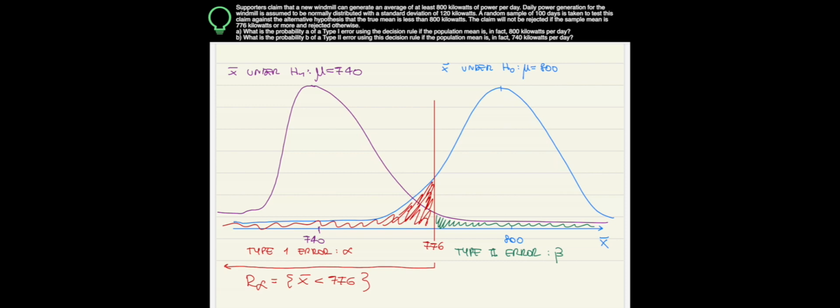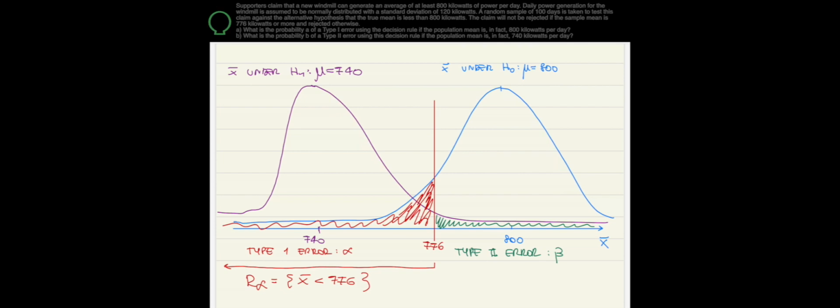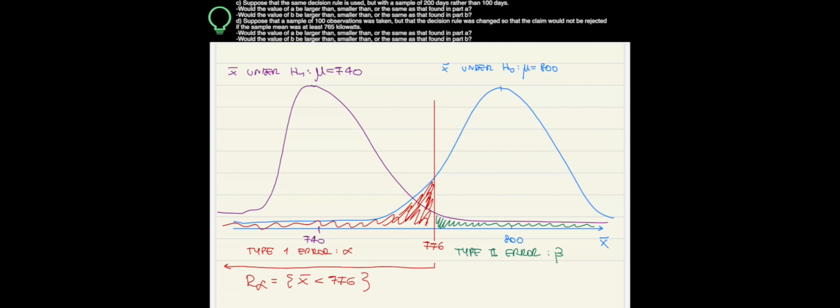So this part is great. It's a nice plot, kind of, but it's important to understand what is happening, and I've done this in particular to solve the next two questions of this exercise. So let's read it. Suppose that the same decision rule is used, so the decision rule is represented by the critical region, but with a sample of 200 days rather than 100 days.